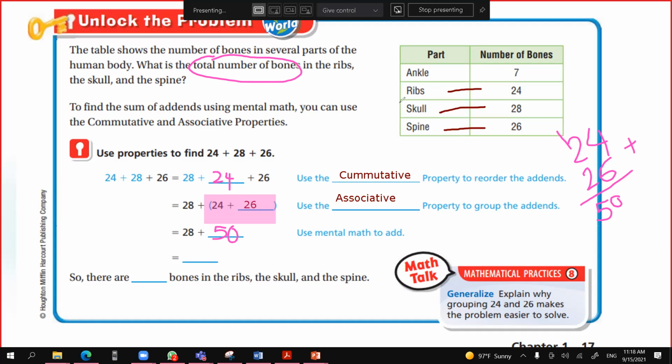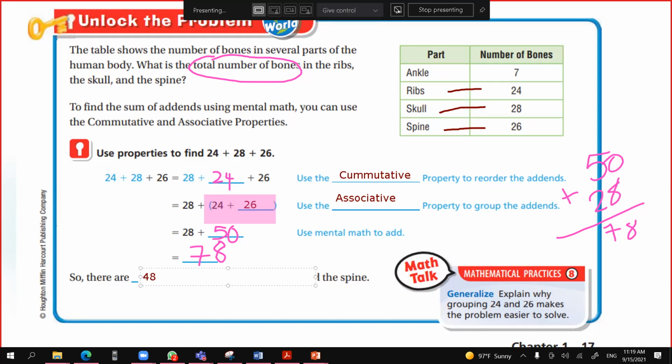Then let's continue. 28 plus 50. 8 plus 0, 5 plus 2, 78. So how many bones are there in the ribs, skulls, and the spine? Bravo. There are 78. Got it now?